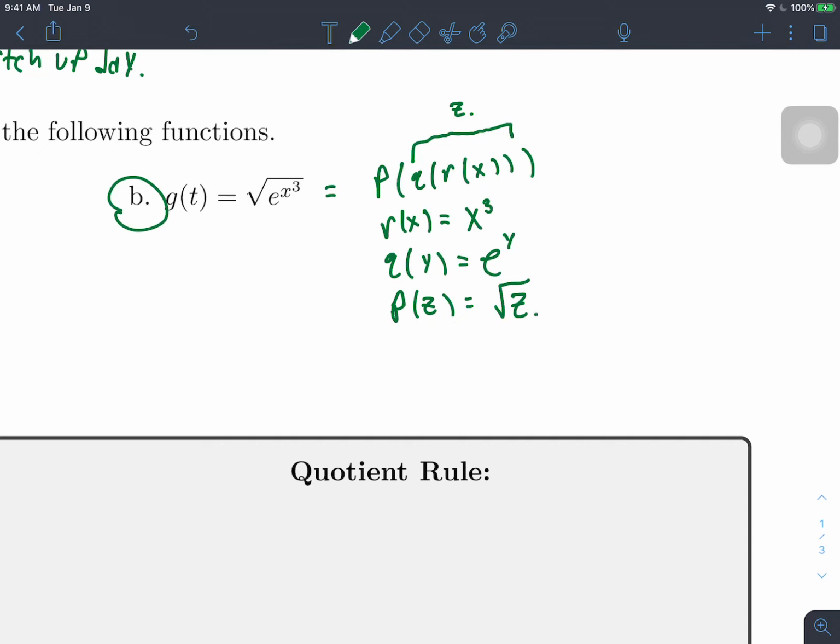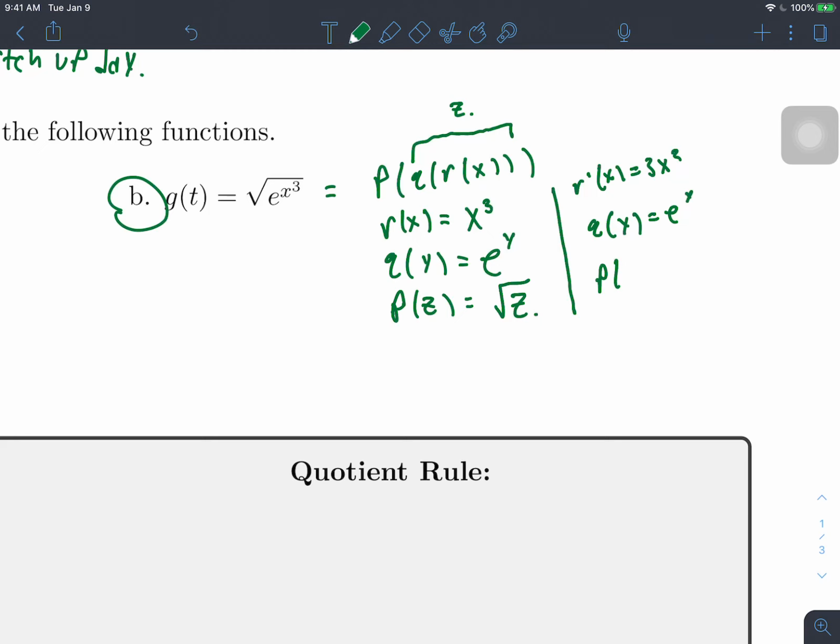Okay, so if we want to go the safe route, what we can do is just go ahead and compute r prime of x. That's going to be 3x squared by the power rule. Q prime of y, we've done this several times, is going to be e to the y.